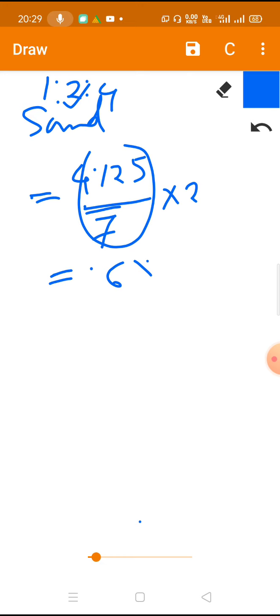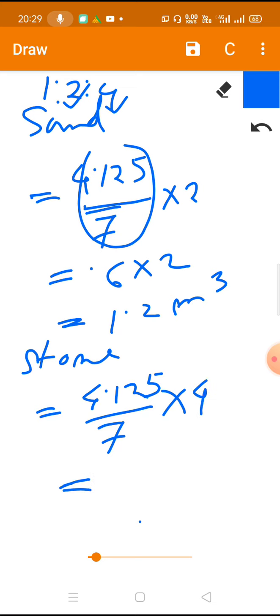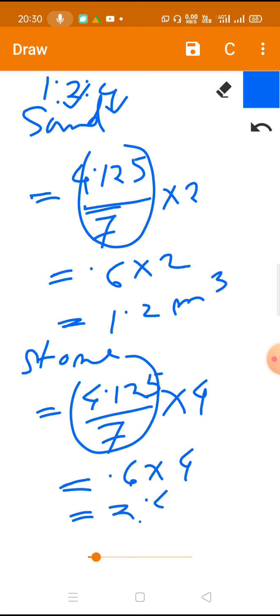So 0.6 multiplied by 2 is 1.2 cubic meters of sand. What is the quantity of stone aggregates? 4.125 divided by 7. What is the contribution of stone? It's 4. So multiplied by 4. This was again 0.6. 0.6 multiplied by 4, so ultimately we get 2.4 cubic meters of stone aggregates. So in this way we have calculated the quantities of cement, sand and stone.